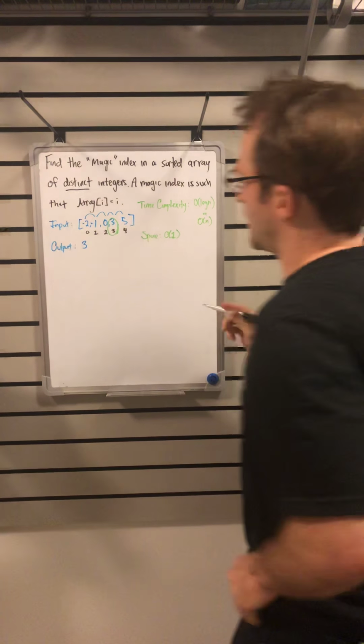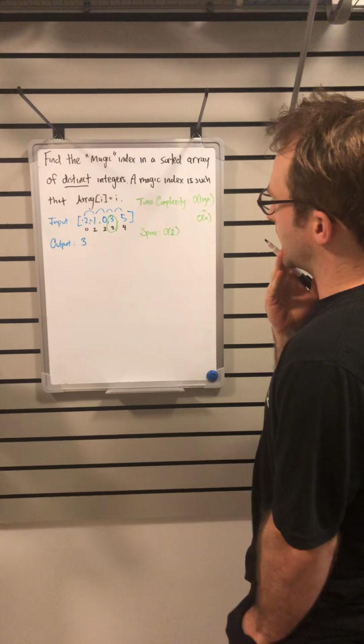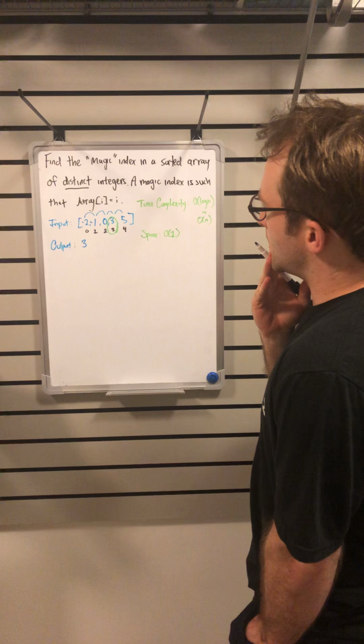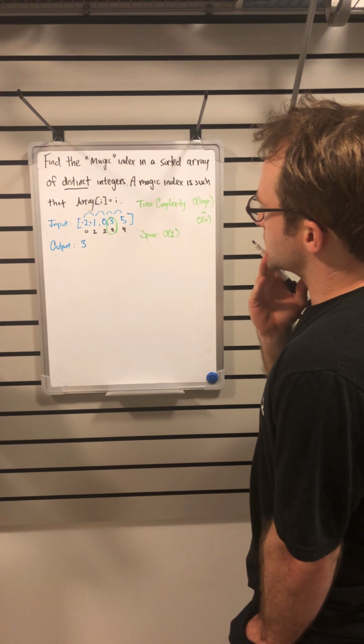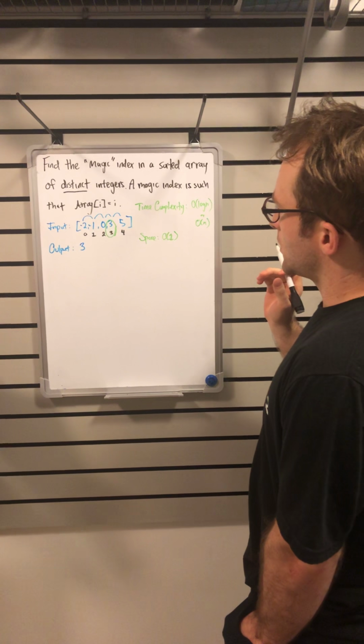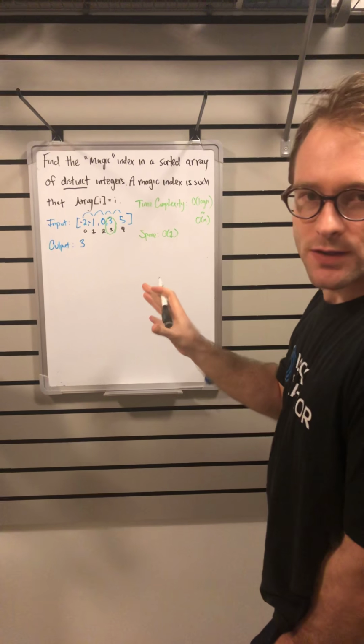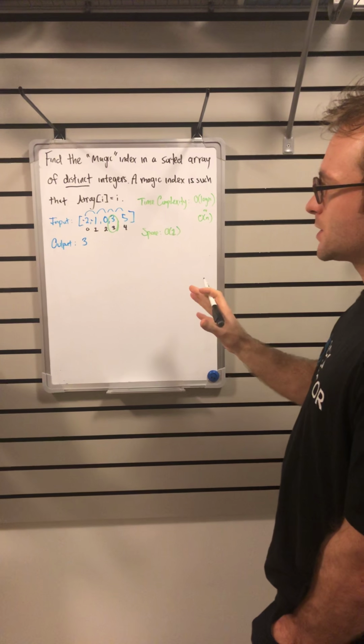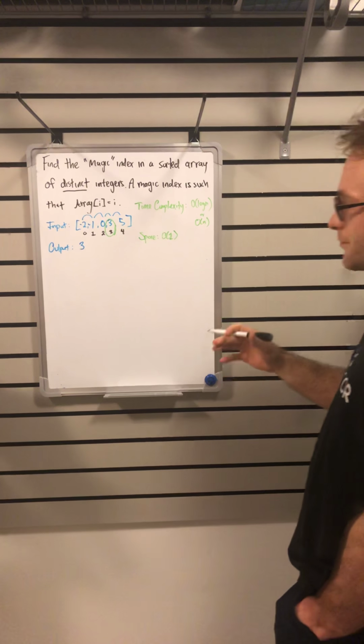So let's think about how this is going to work. Since it's sorted, we want to do a binary search. Binary search is good for sorted arrays.